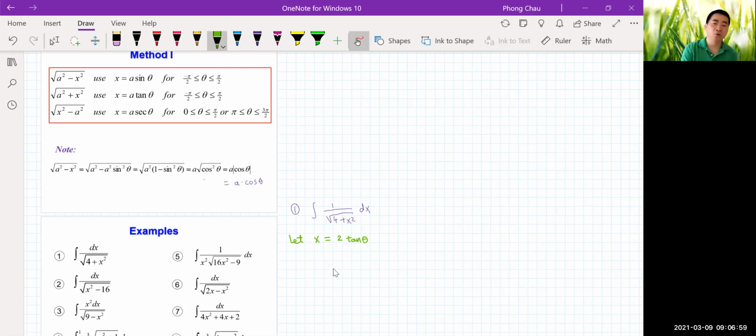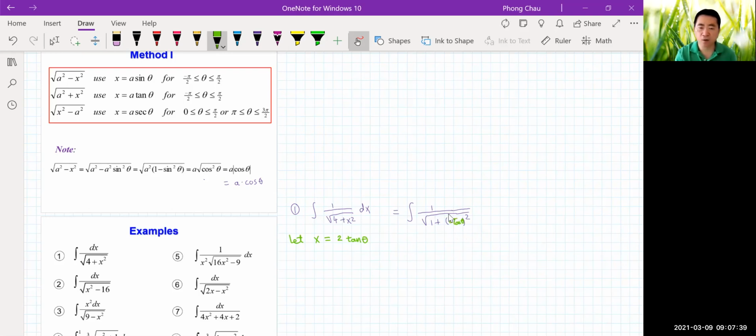Every x you see would become theta this time. So if you do the change of variables, then that will become the integral of 1 over the square root of 4 plus, again, your x is 2 tangent there, 2 tangent.